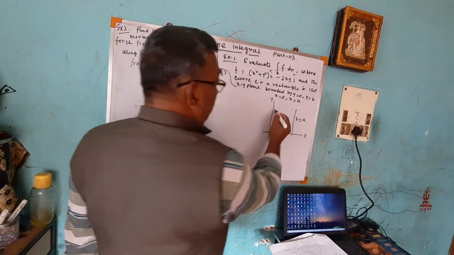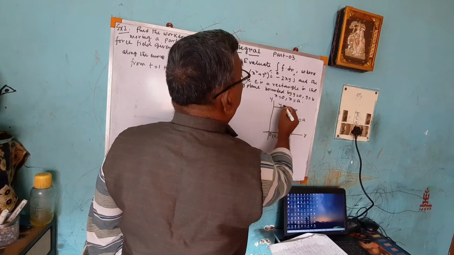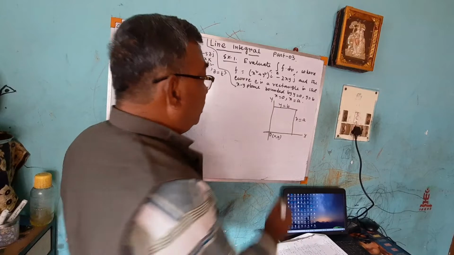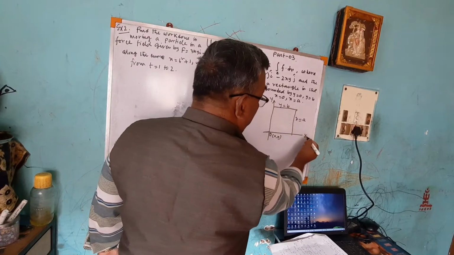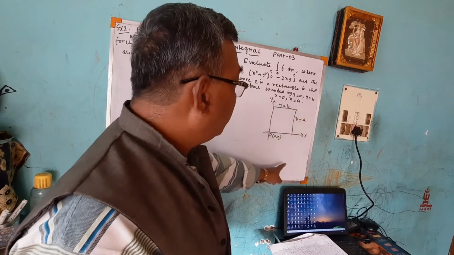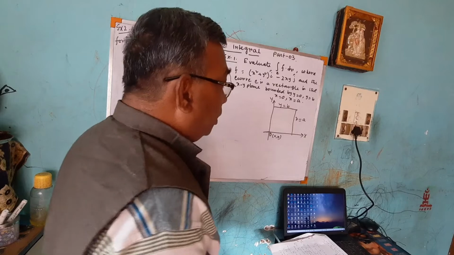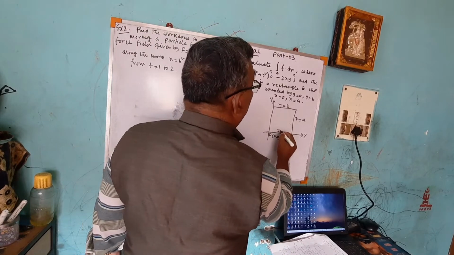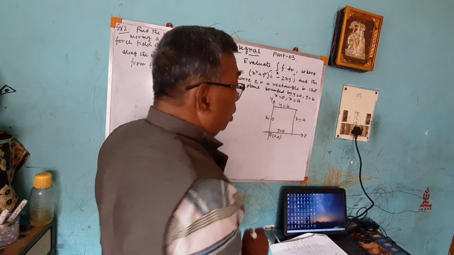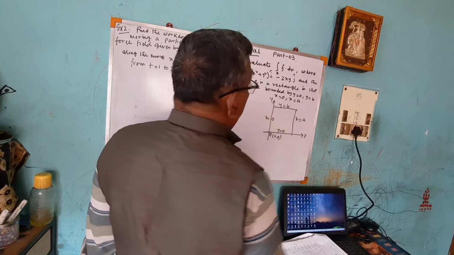This is the y equal to b line, the line parallel to the x axis. This is y equal to 0, this is x equal to 0. So this is actually a rectangle.